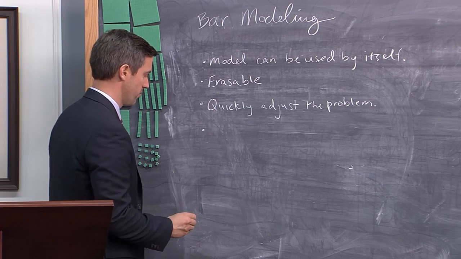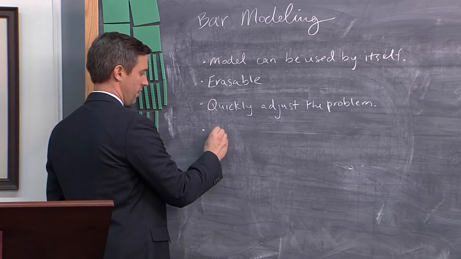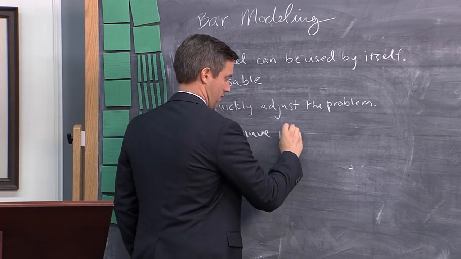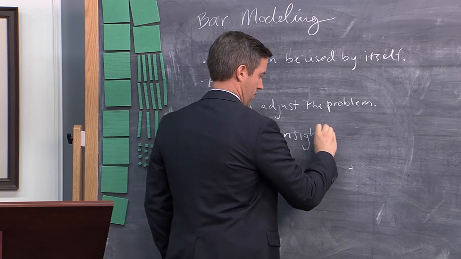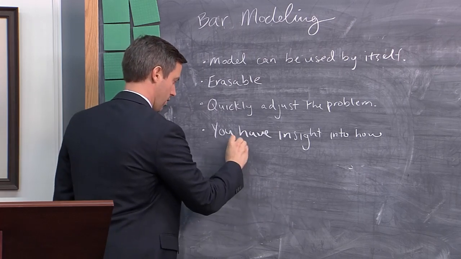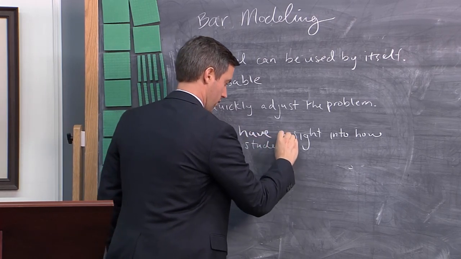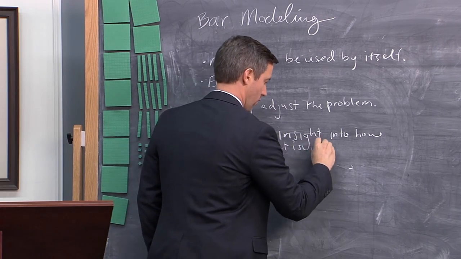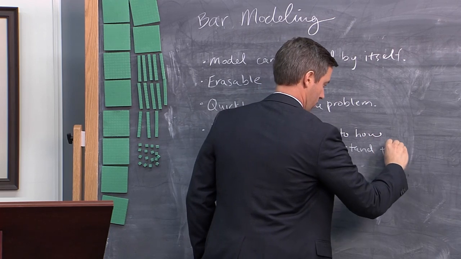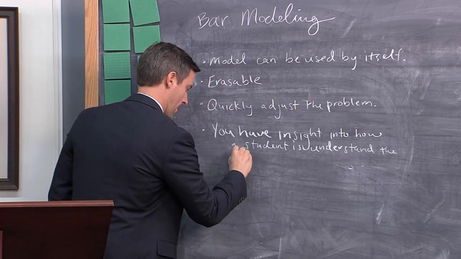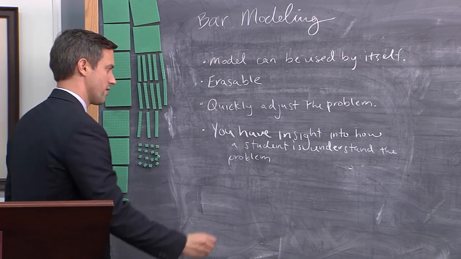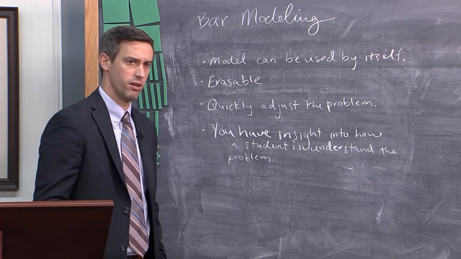I think it's worth mentioning that you have insight into how a student is reading the problem, or understanding what the problem is saying. A lot of times students don't make the mistake so much on the math itself, but on the reading portion.